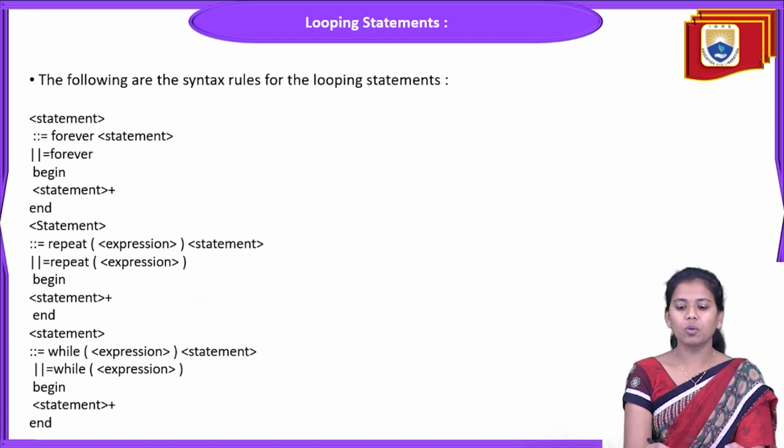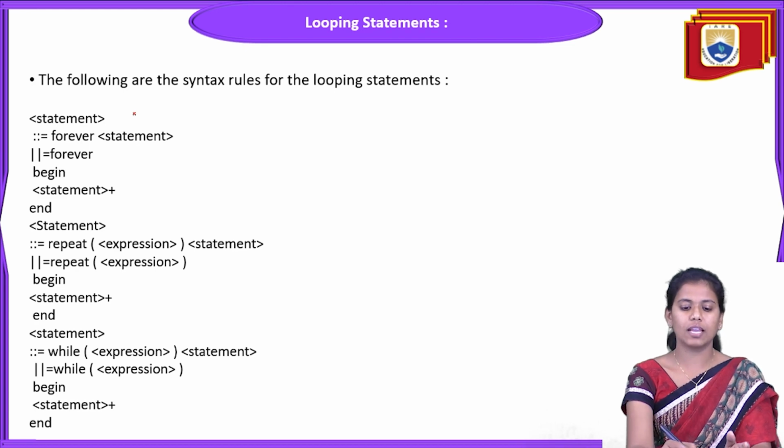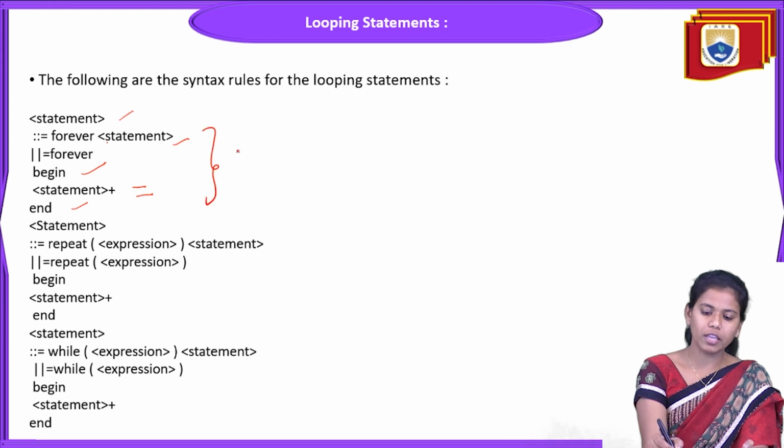So here goes the syntax as per the rules. First, we have the forever statement, followed by the begin keyword, then the statements executed, and then ending the statement. This is all about the forever.